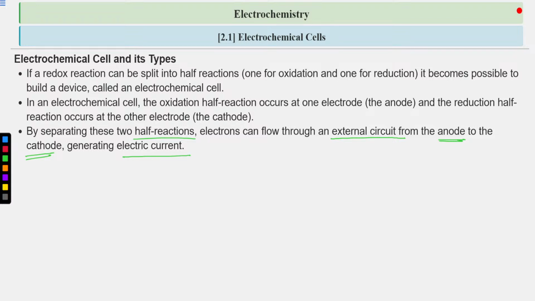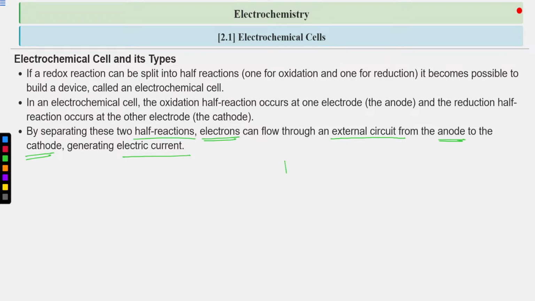So we talked about redox reaction, anode, cathode, electric current, electrochemical cell, half reactions. When you separate these two half reactions from a redox reaction, the electrons can flow through the external circuit, which is a wire, from the anode to the cathode.